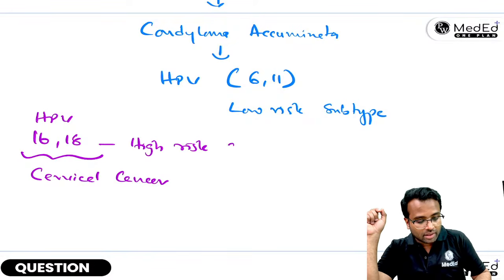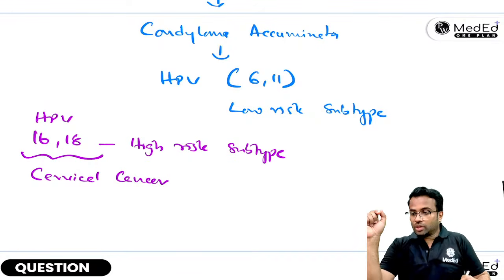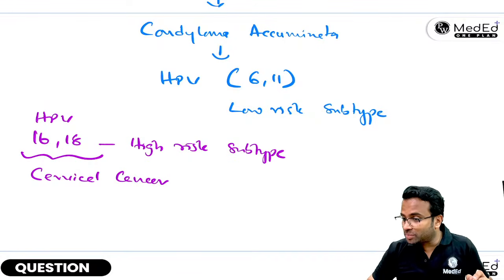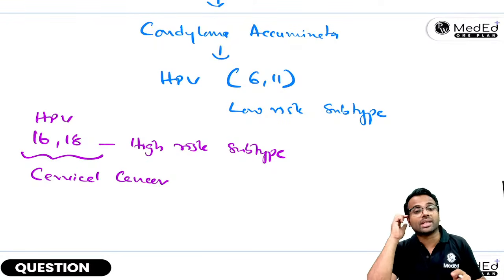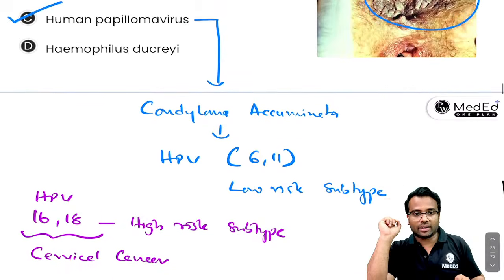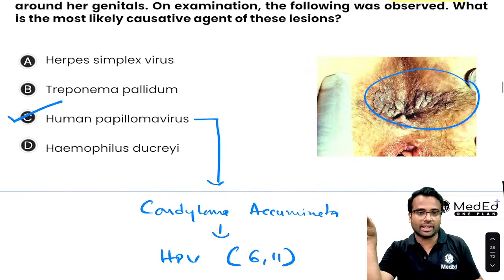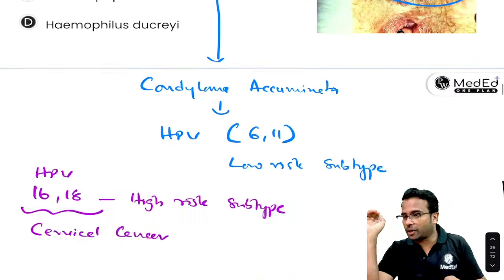I'm sure that you are not going to make this mistake again on the day of the exam. So here the answer is HPV 6 and 11 causing condyloma acuminata.